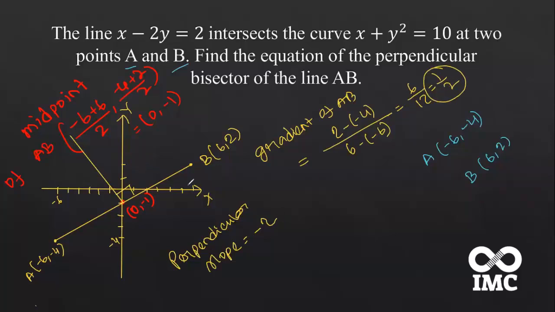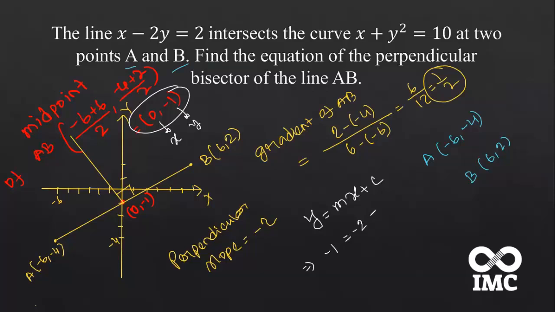Now we need to find the equation. The equation of a straight line is y equals mx plus c, where m is the gradient and c is the y-intercept. Instead of m, we put minus 2, and instead of x and y we put the midpoint: 0 represents x and minus 1 represents y.